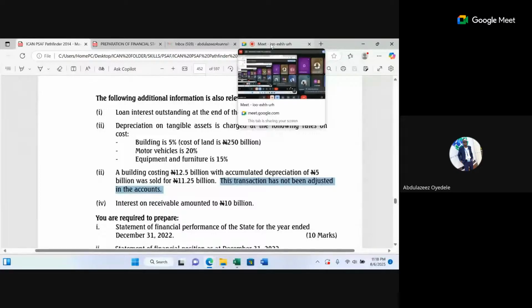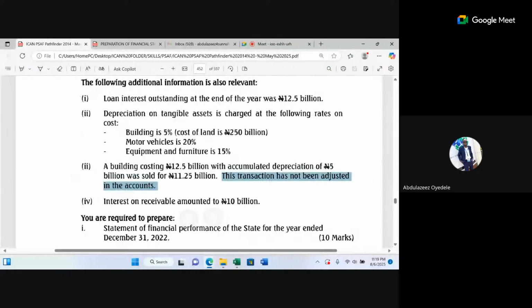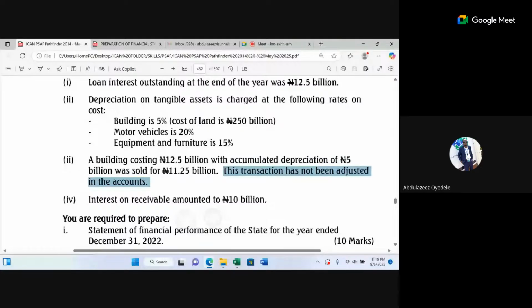Okay, let me quickly repeat what I said there. The 11.25 billion that we received from the disposal of the building: what this statement that we highlighted here is saying is that the amount was not recorded in the accounts.